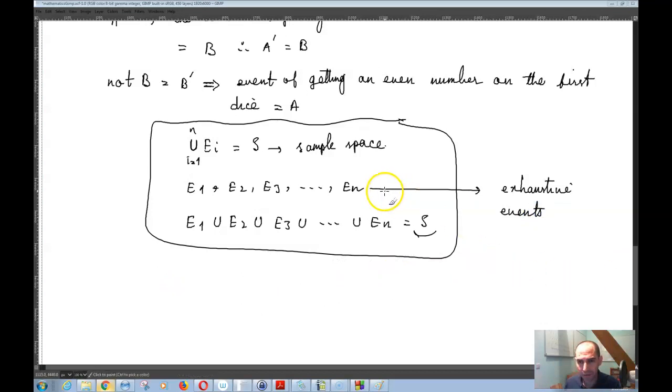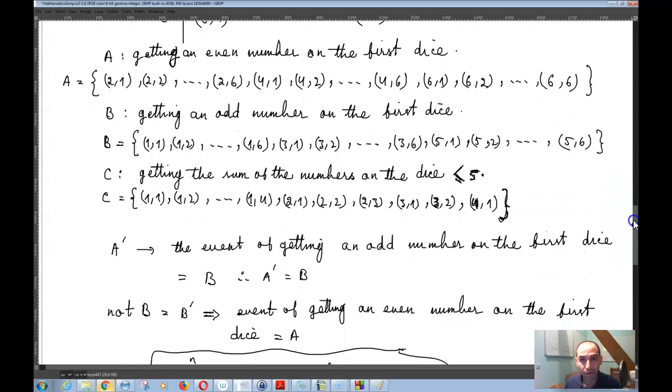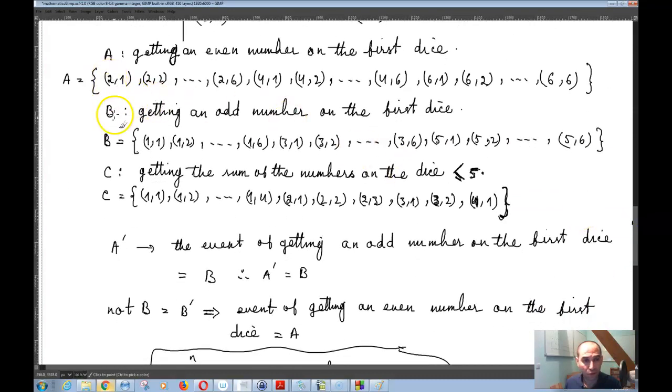Now, as you can see here, if you take the union of these two sets A and B, you will of course end up with S. So that means that A and B are exhaustive events.